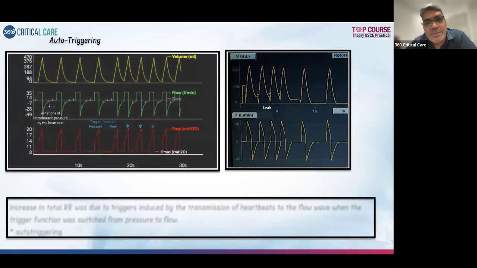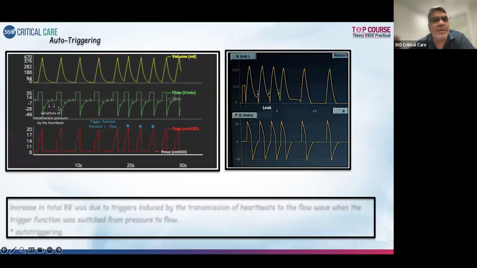The second problem is auto triggering. Auto means automatically it is triggering the ventilator. So how is the ventilator triggered? Either by a flow trigger or a pressure trigger. Any abnormality or change in the flow or pressure detected by the ventilator will trigger it to give a tidal volume. In this case, as you can see, these are oscillations.